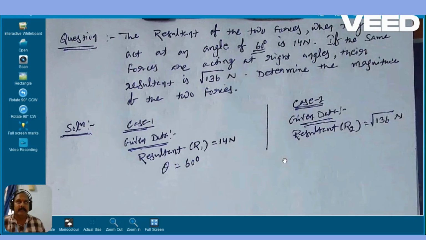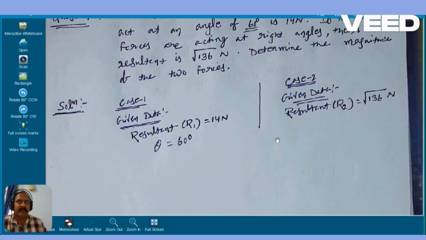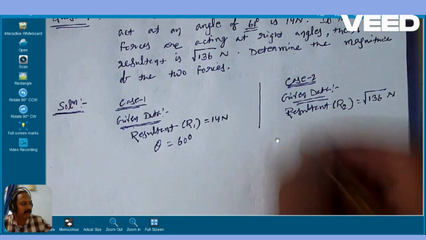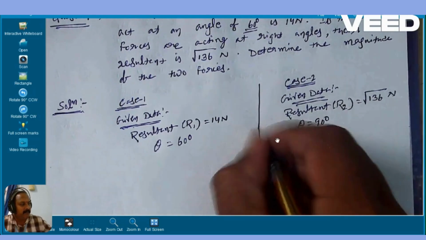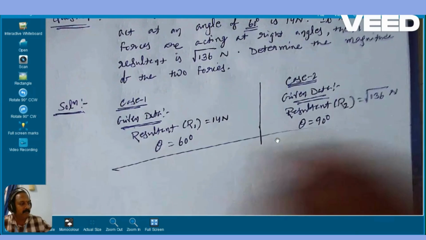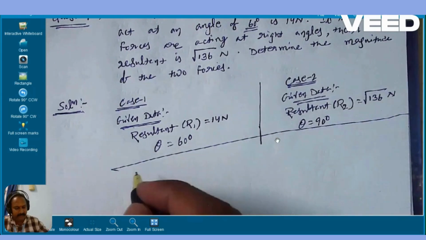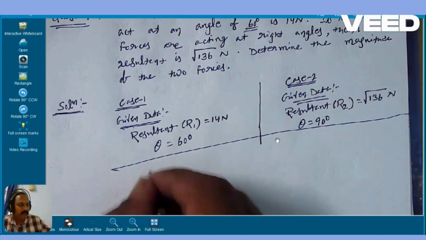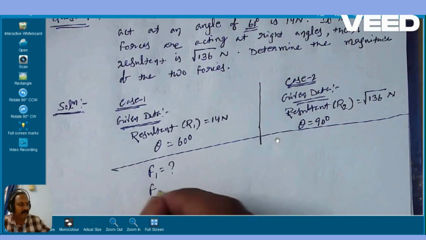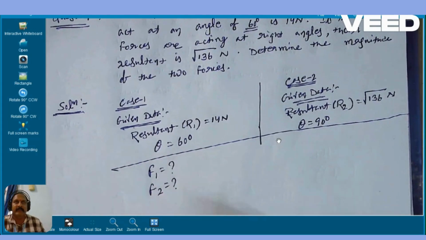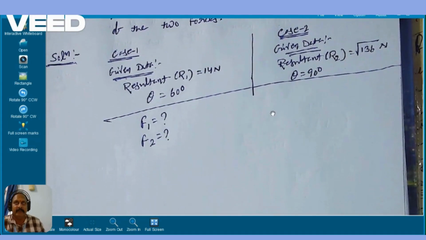What is theta here? The same forces are acting at right angles, so theta is 90 degrees. Clear? So these are the two cases. We have to find the individual forces. Let us take the individual forces as F1 and F2, and find out what F1 and F2 are.